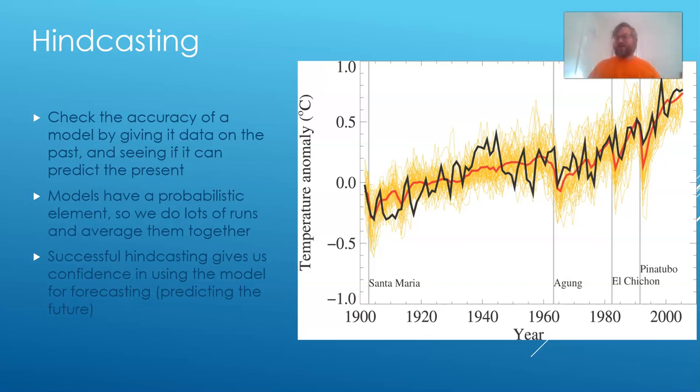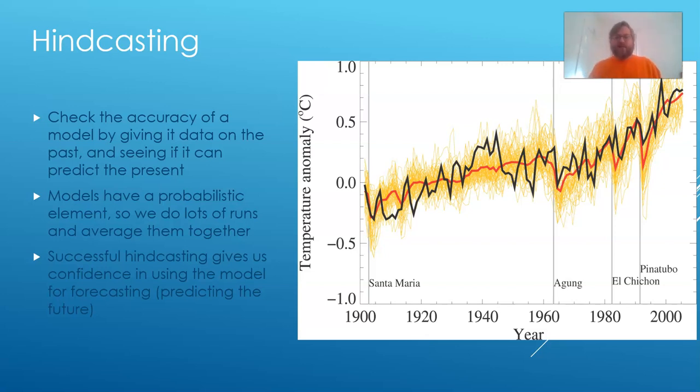And we already know what we've got in the present, right? We have the actual information for that, and so then we can compare those and see, did the actual things that happen pretty well match what the model predicted would happen? And if they do, then it seems like the model has a pretty good idea of how these processes work and is giving us accurate information.